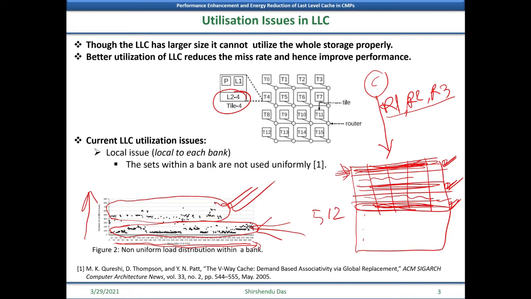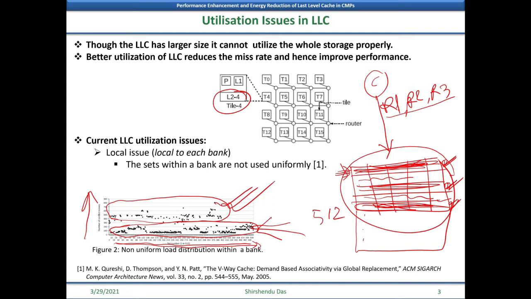There are many techniques that we will discuss this week on how to use the entire cache space uniformly. Multiple papers propose different ideas based on which you can utilize the entire cache space uniformly. What is the plus point of this?